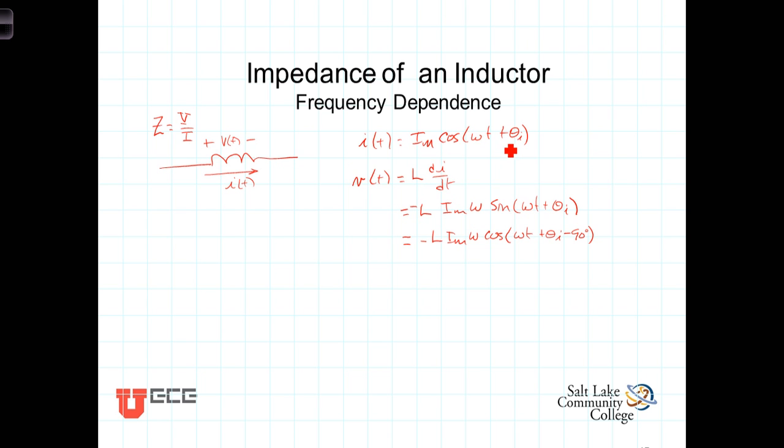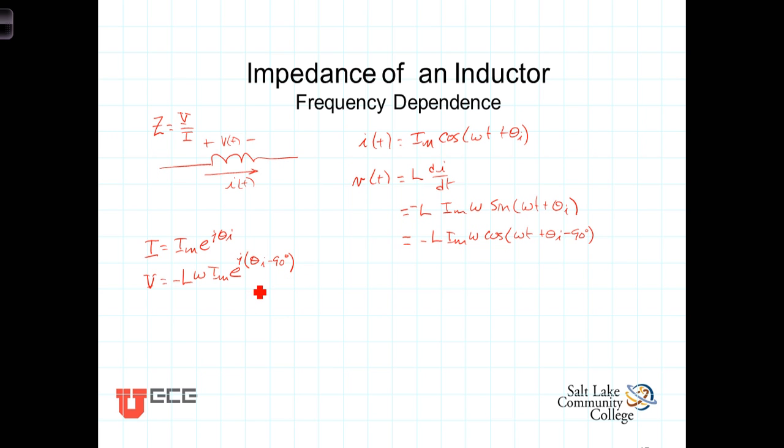Now we can write I_m in terms of its phasor, or phasor I is equal to I_m e^(j theta_I). And phasor V will be equal to, we've got the negative sign, the L I_m omega is its amplitude, so negative L omega I_m, and then e^(j(theta_I minus 90 degrees)).